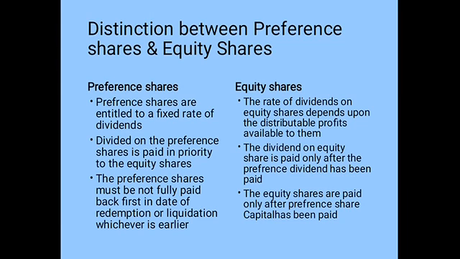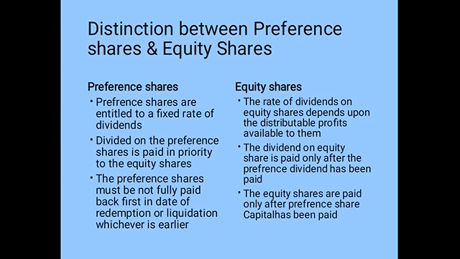Then, coming to the preference shareholders, dividend on preference shares is paid in priority to the equity shareholders. That is, the first returns will be given to the preference shareholders. Whenever the company makes a profit and profit is remaining for distribution, that is, the declaration of the dividend, the first declaration is made for the preference shareholders.